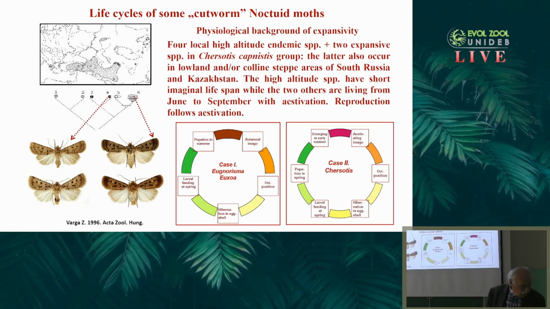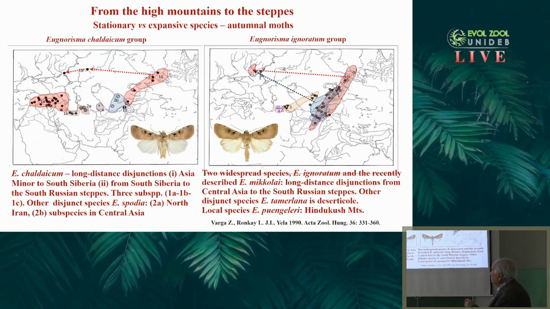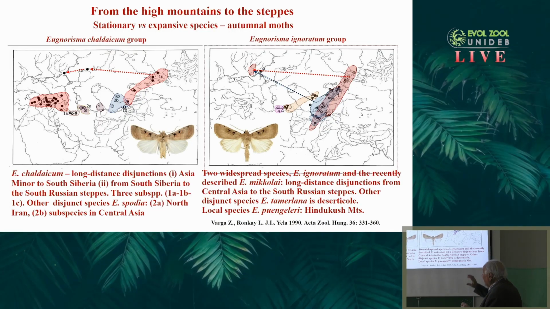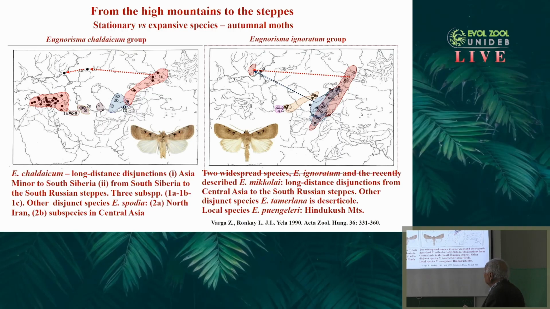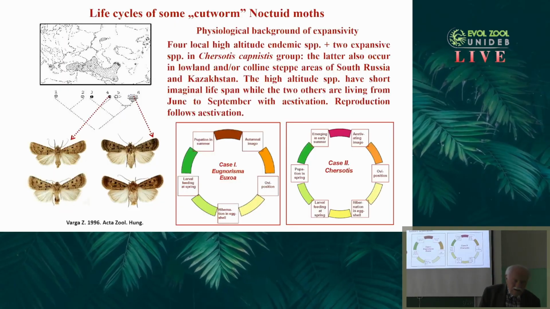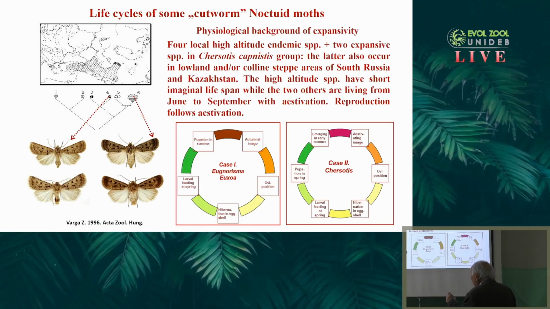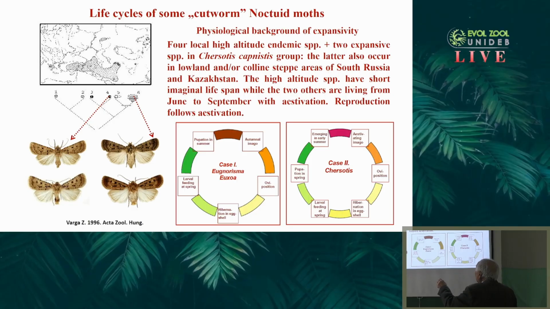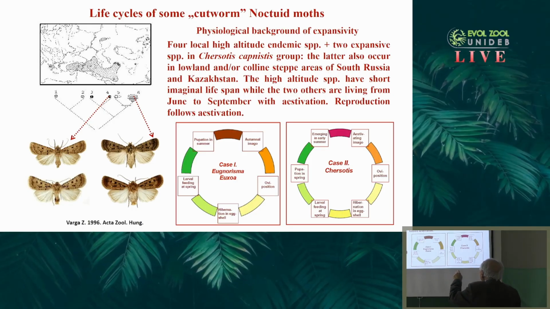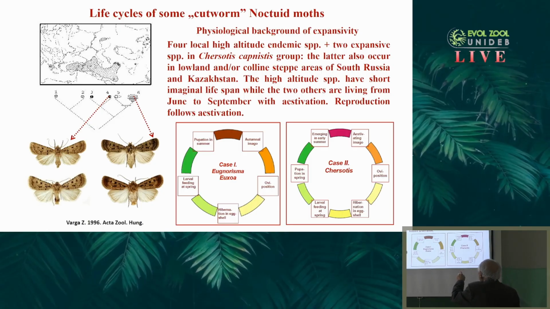The other version, which we have seen here in this genus, they have another survival strategy, because they have an elongate period of larval feeding, and the dry period will survive by the pupa.